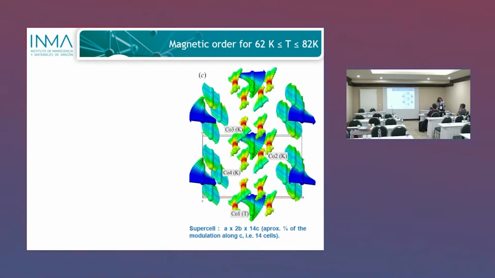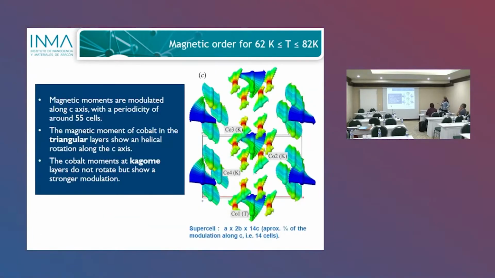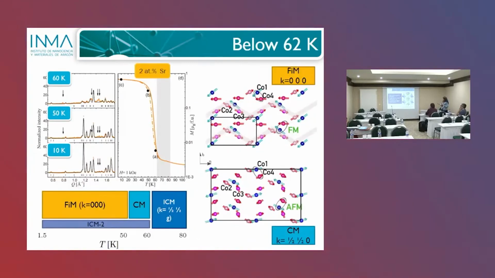They also observed a plateau in the magnetization, but there wasn't a model proposed for this phase. So this is the first big result that we got from these substituted compounds. And as I mentioned, you have different modulations depending on which layer of the structure you are looking at.